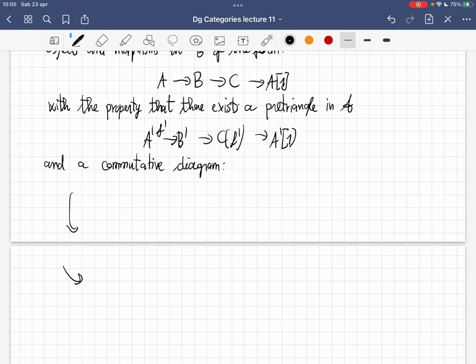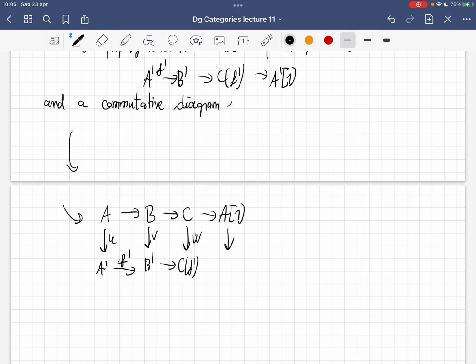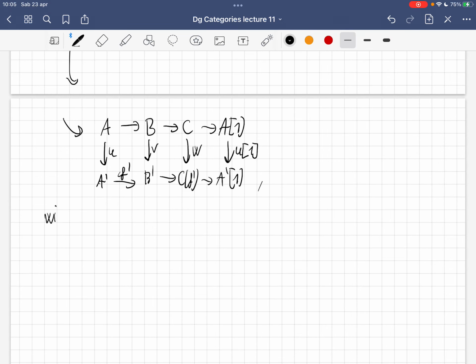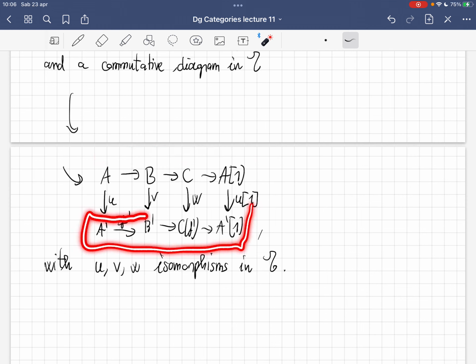Let me write it here. You can compare these sequences in a commutative diagram, where the last object is going to be the shift of U, with U, V, W isomorphisms in T. So essentially, a distinguished triangle is a sequence of this form which is isomorphic to a pretriangle.